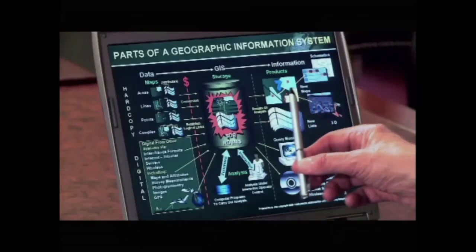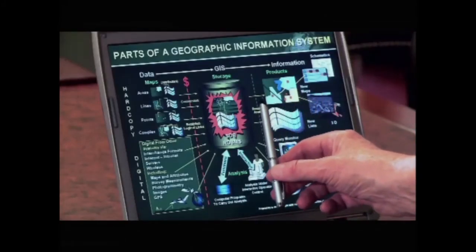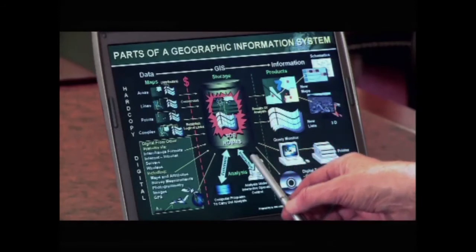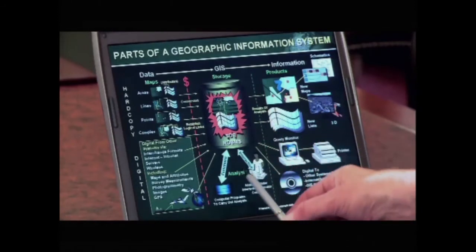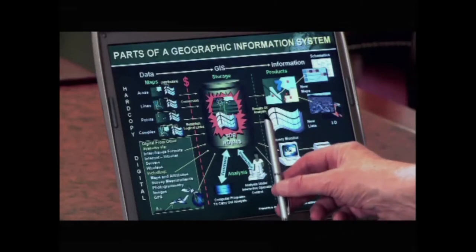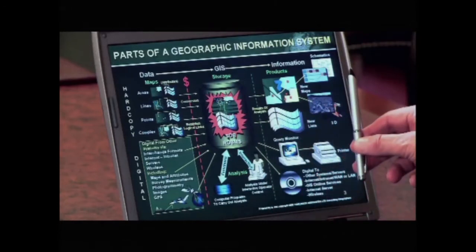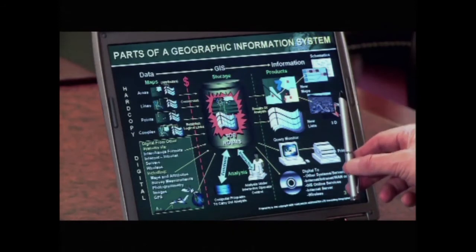When you know what data you're going to put into your system and what you want to get out, you know what kind of analysis has to be done on those data to produce the information you want. So until you know the information you want out, you don't know what types of analysis your system has to do. You don't know what functions your system has to have. And so the key to getting the right system in place is knowing what functional analysis requirements it's going to be required to do and how frequently it's going to be required to produce that.